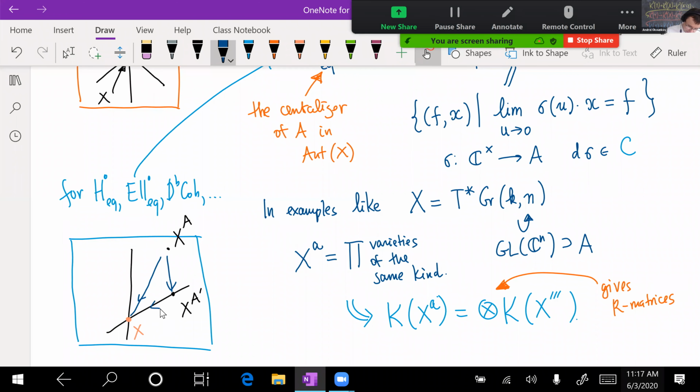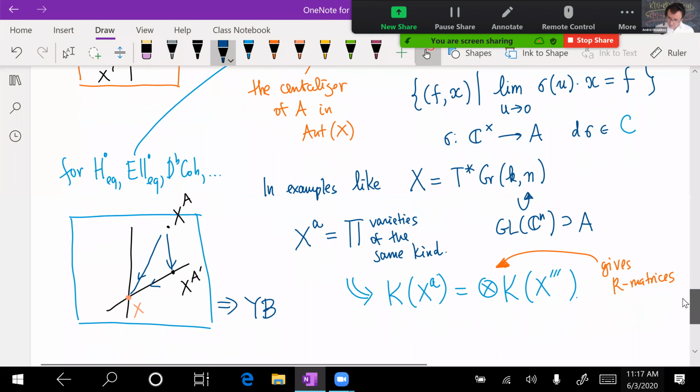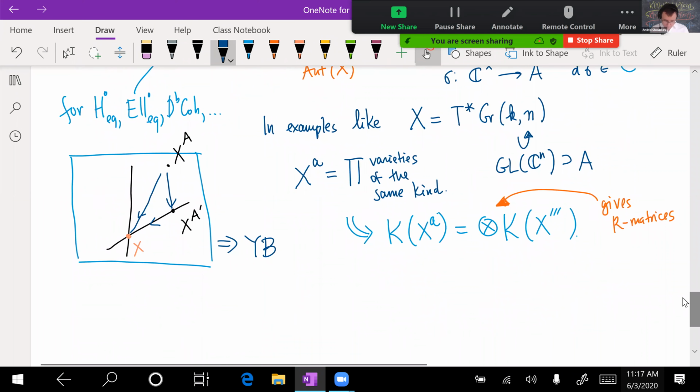This triangle needs to commute. So these are all instances of the same problem, and if all these triangles commute, then this gives you Yang-Baxter.